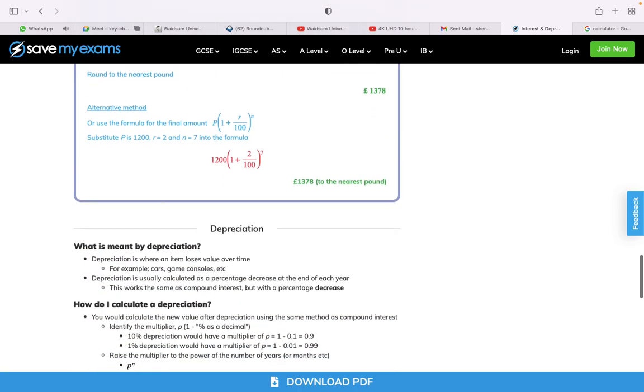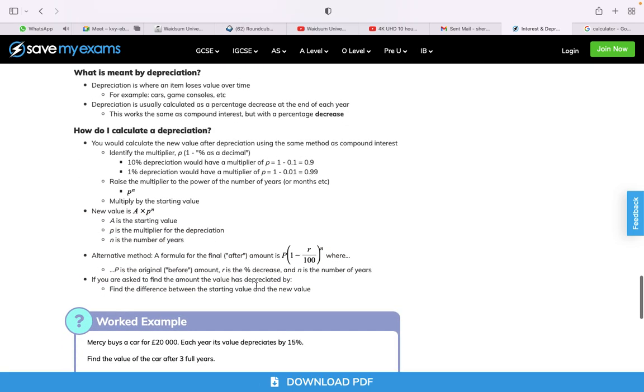Now, let's take a look at it in this manner. Those things that depreciate, we don't use plus. Those things that appreciate, like population, we use compound interest to calculate the population of a town, a village or a city, because population keeps appreciating. The initial population is what we call P, the principal.